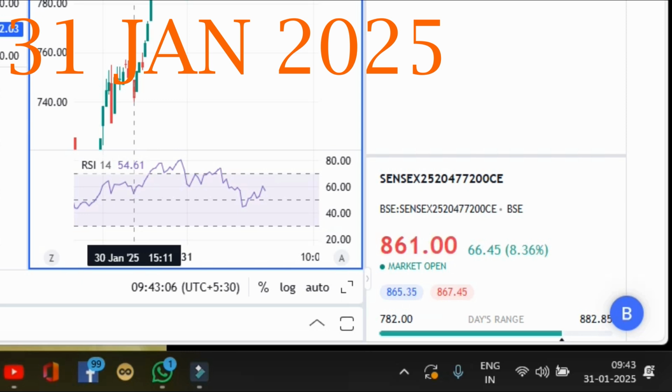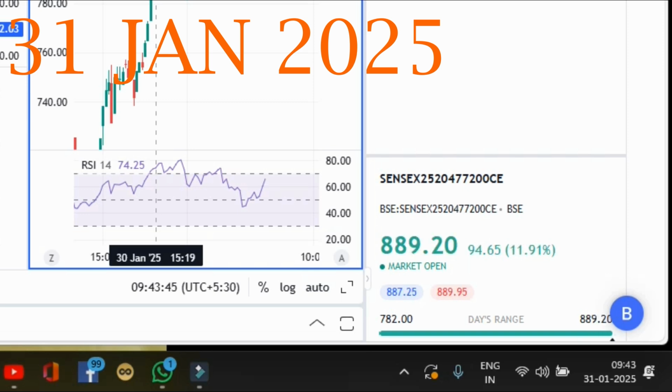Okay, it will move. Now the time is 9:43. 868, 870, 873, 875, 880. 880 target is done.